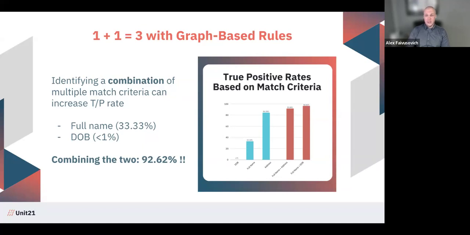So basically, 93% of the alerts where we had 3 or more users who shared those 2 different match points were actually tagged as fraudulent.